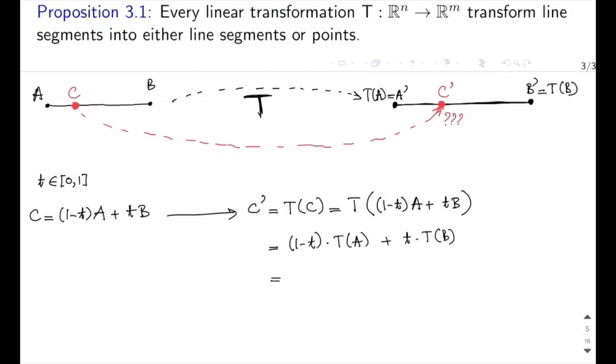And so C prime is going to be equal to (1 minus t) times A prime plus t times B prime. And look, if you can represent C prime as the combination of A prime and B prime in this way, then it's got to be in the middle of A prime and B prime.